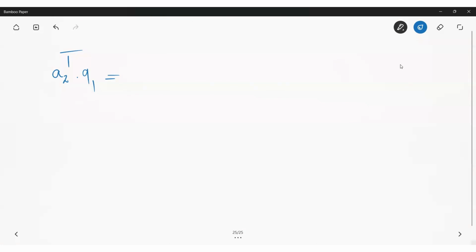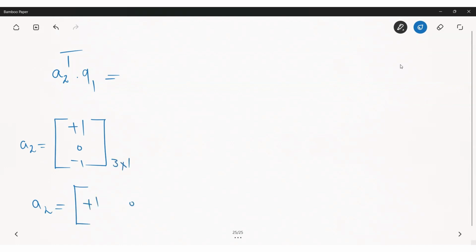A2 was this matrix, which we had: plus 1, 0, minus 1. A2 transpose becomes, from 3 by 1, plus 1, 0, minus 1, which is 1 row, 3 columns.